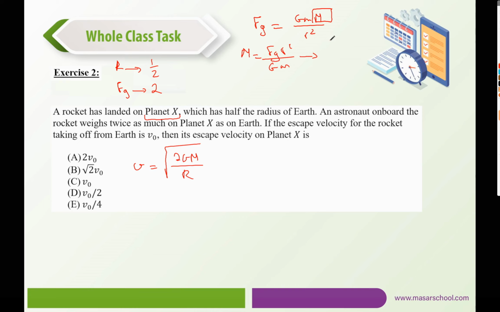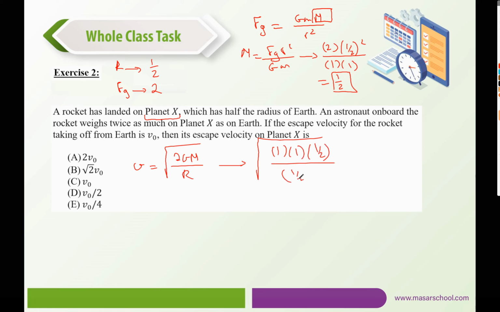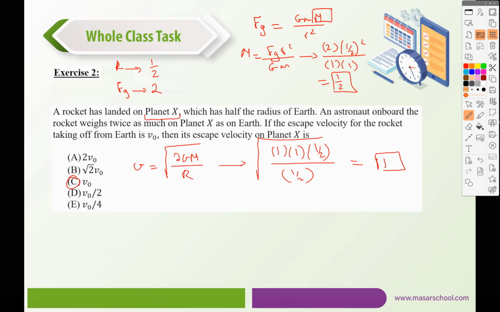The pull of gravity changes by a factor of 2, r changes by a factor of half, and G and m are invariant, so that would be 1 over 2, which means the central mass, representing the mass of planet X, changes by a factor of half. And now if we apply the factors of change, that would be 1 multiplied by 1 multiplied by half multiplied by half. So that would be again 1, which means the correct answer would be C.